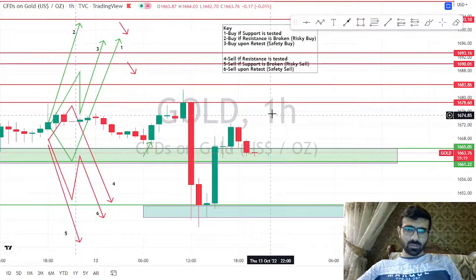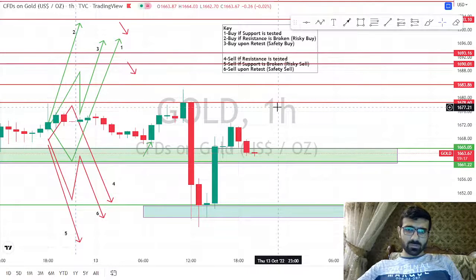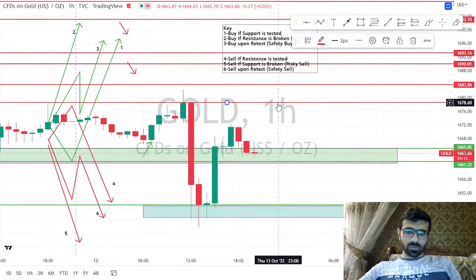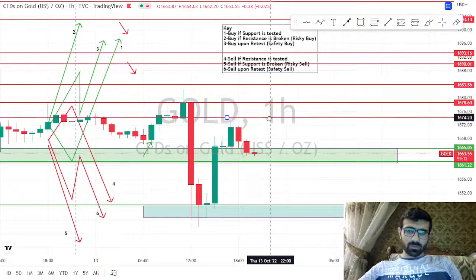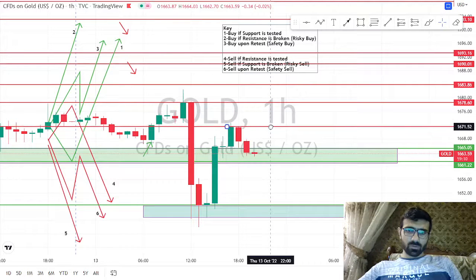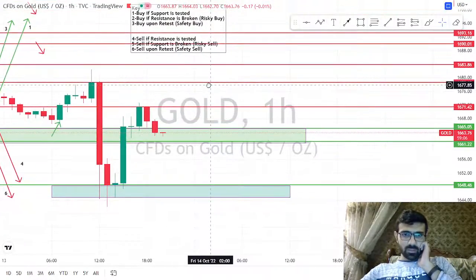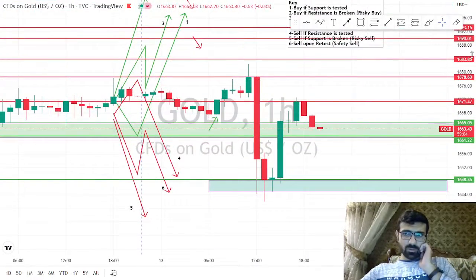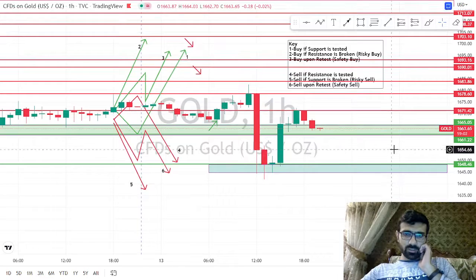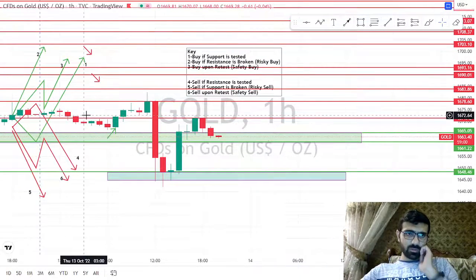Okay, and the short term area of risk will be over here. Okay, so now how are we going to trade? That is a major question now.